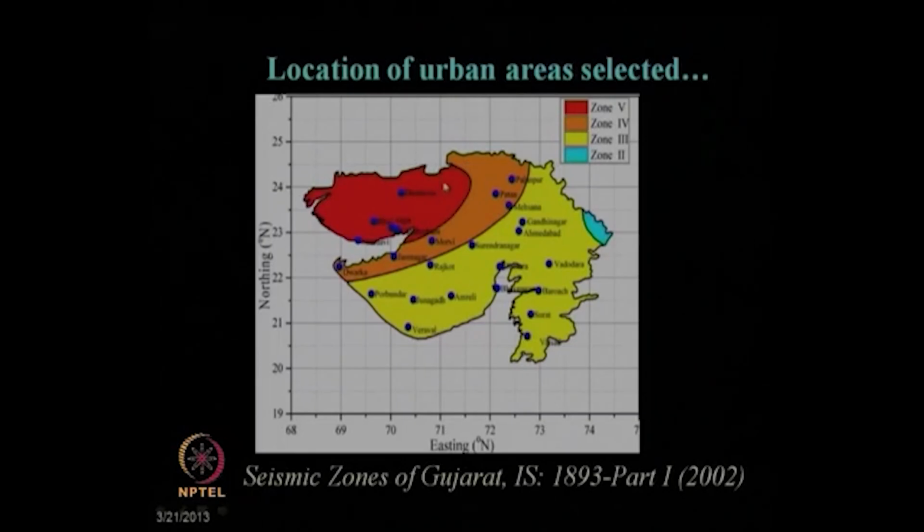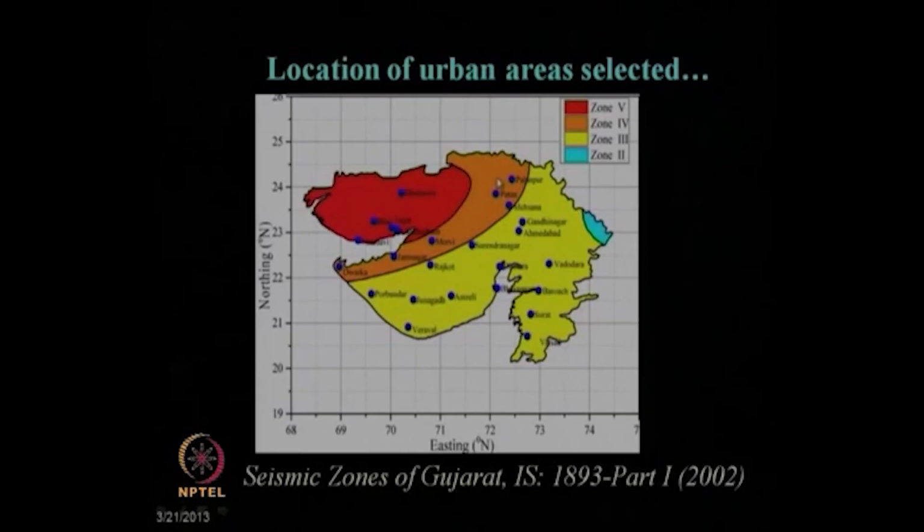So, we have subdivided it into 3 regions and selected 25 urban cities or urban areas in such a way that they come from all these 3 major regions. One is the Kutch region, which is essentially in zone 5, the most vulnerable seismic area.